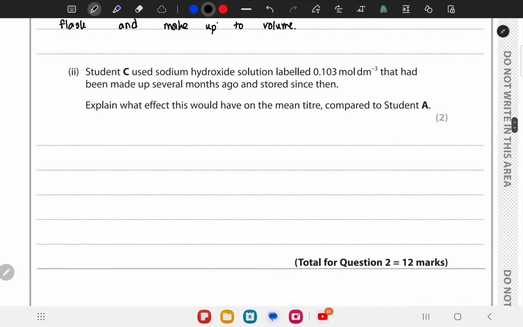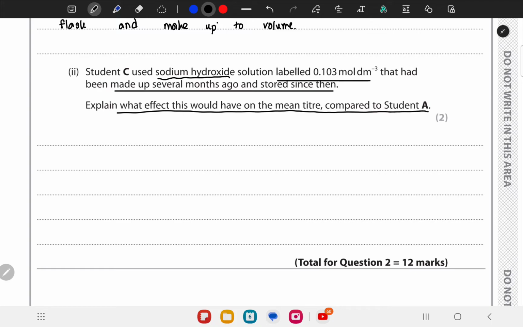And now we are told that student C used sodium hydroxide solution labeled 0.103 mole per dm cube that had been made up several months ago and stored since then. We have to explain what this effect would have on the mean titer. If the solution was made months ago, some of the water would have evaporated, so the mean titer would be less than what student A would have found.